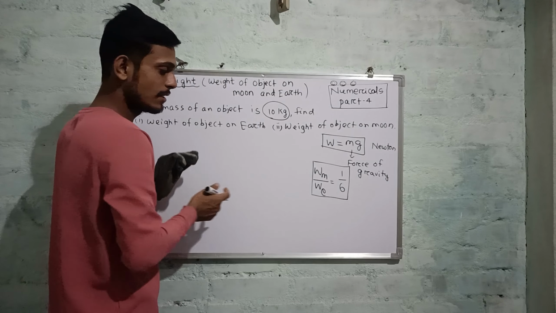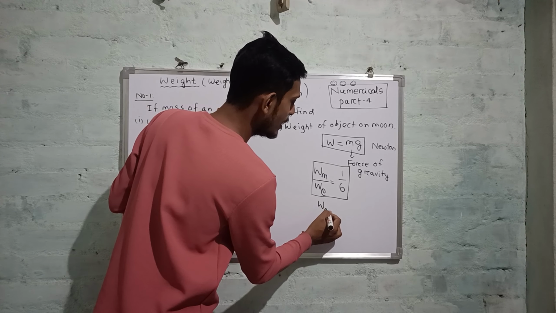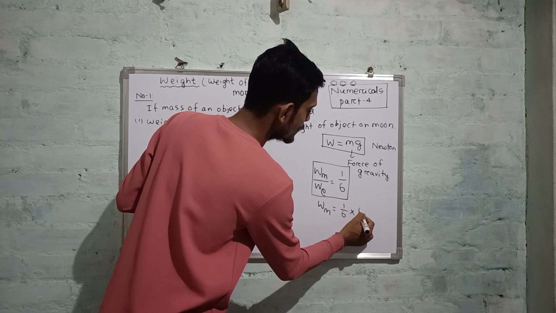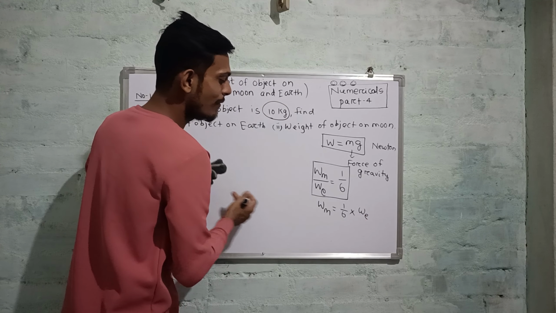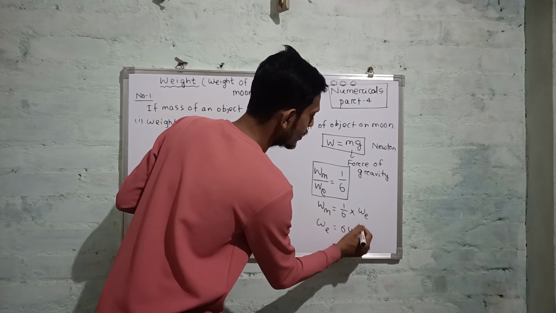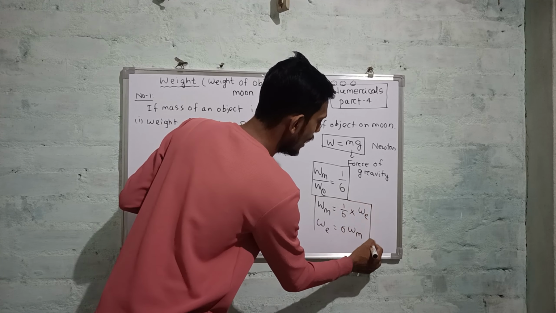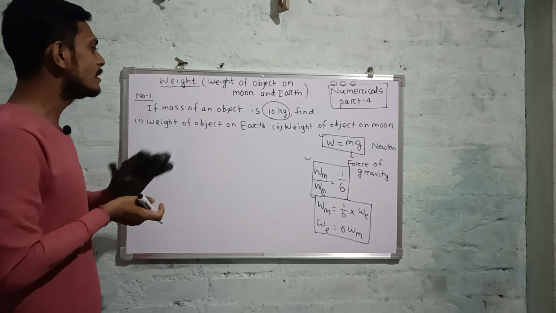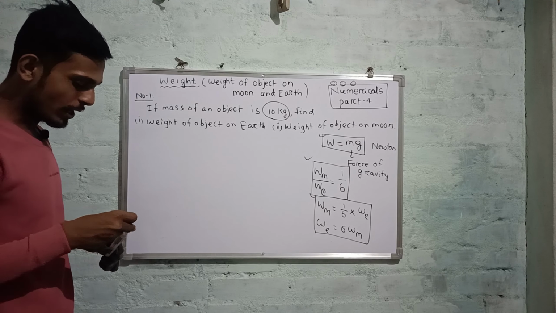The weight on the Moon is 1/6 times the weight on Earth. The weight on Earth is 6 times the weight on the Moon. These are the formulas used to find the weight of an object on the Moon and Earth.